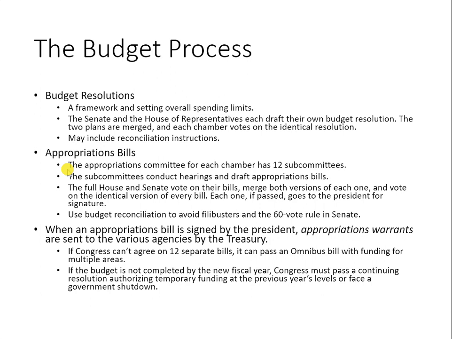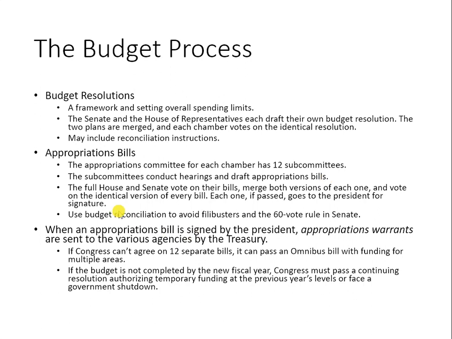Each chamber is going to have 12 subcommittees. Okay, so the Senate is going to have 12 subcommittees, and the House of Representatives is going to have another 12 subcommittees. The subcommittees conduct hearings and draft appropriation bills.